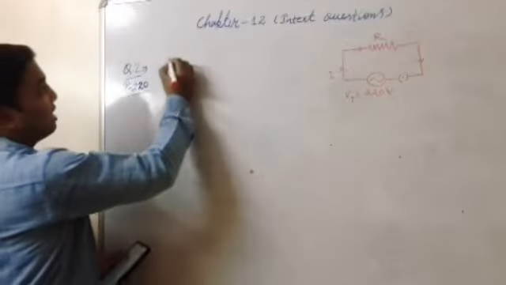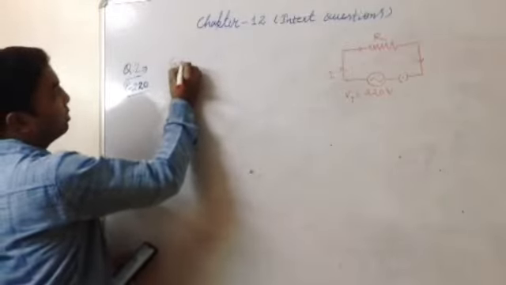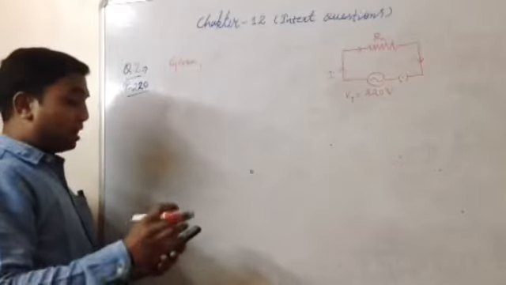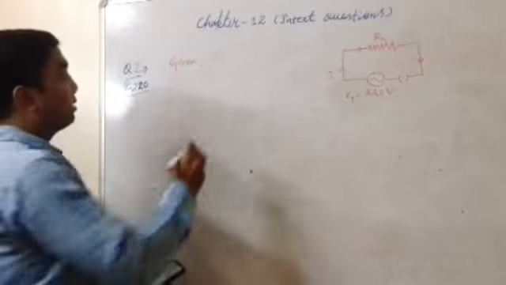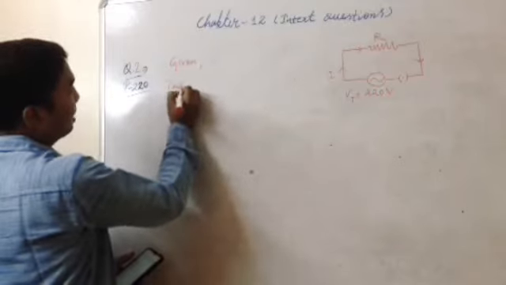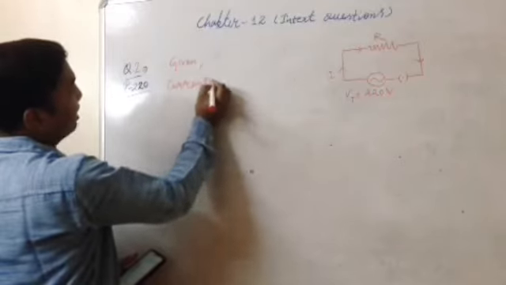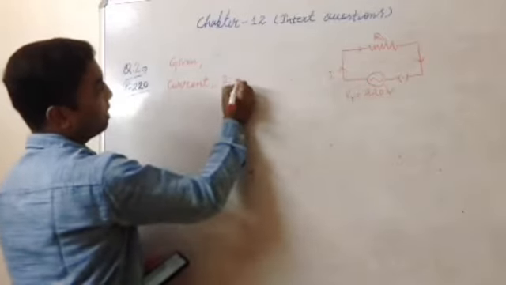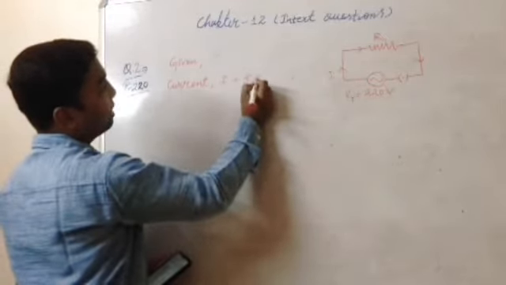So here we will write the data provided to us for this question. Given: an electric motor takes 5 ampere, so the current flowing through the circuit is 5 ampere.